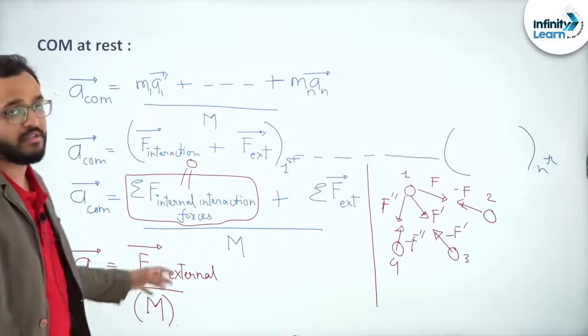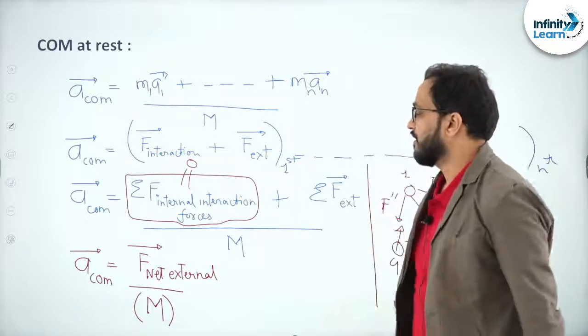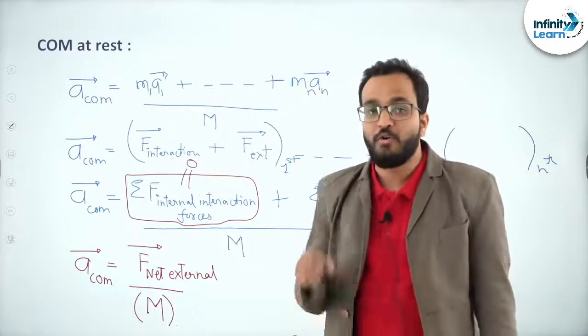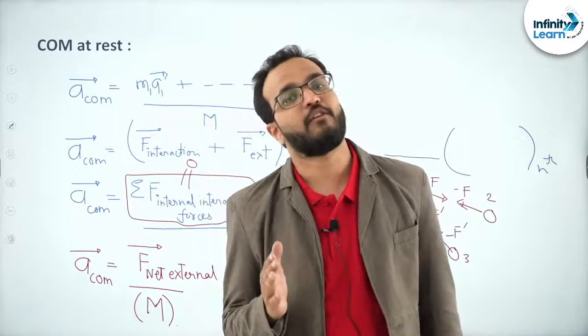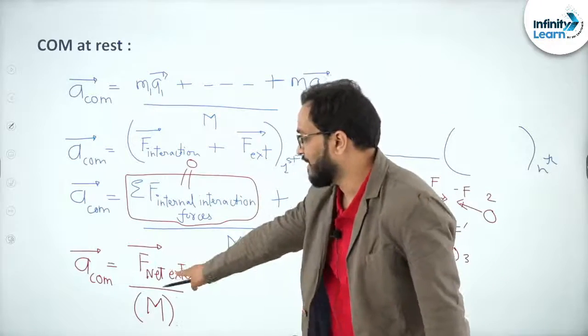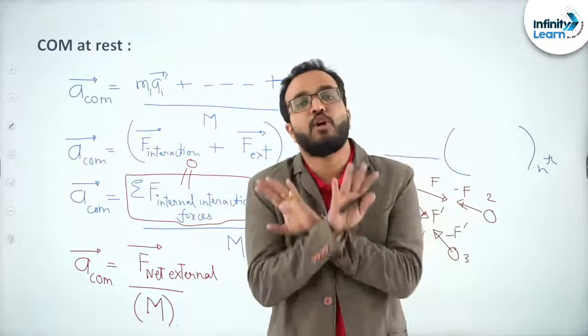Now this is something very important. That means who has the capacity to accelerate the center of mass? You will say, sir, only external force has the capacity to accelerate the center of mass. Apart from that, internal forces are not capable of doing so.